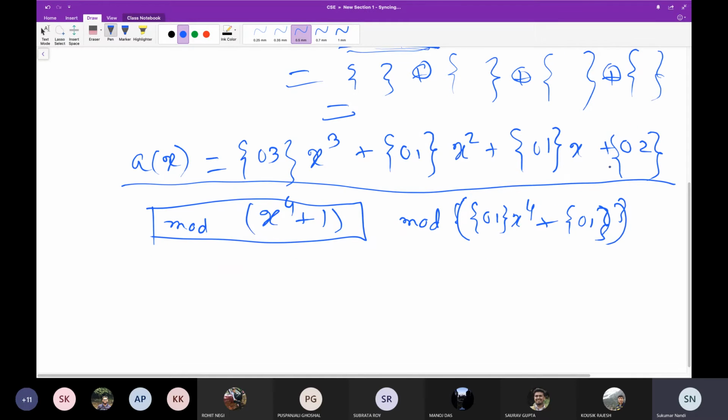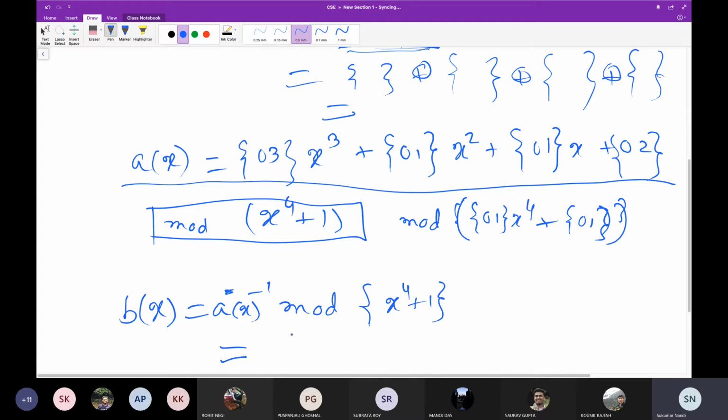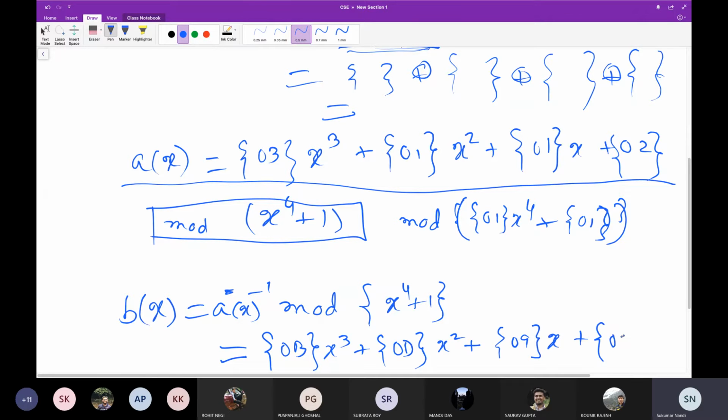If I have to find the inverse of this polynomial, then b(x) equals a(x) inverse mod x to the power 4 plus 1. This will become 0b x cubed plus 0d x squared plus 09 x plus 0e.